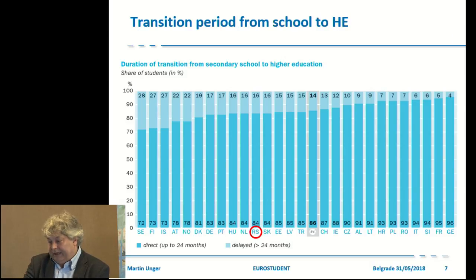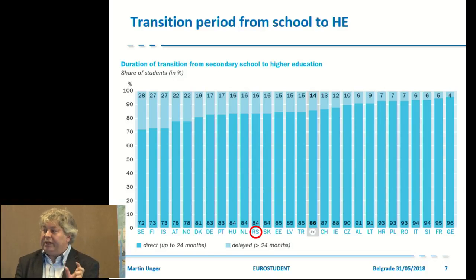First topic, access. Here again is this transition period from school to higher education. Dark blue is what we call direct access, so within the first 2 years, and delayed transition means at least 2 years or more. And in many countries it's a lot more.